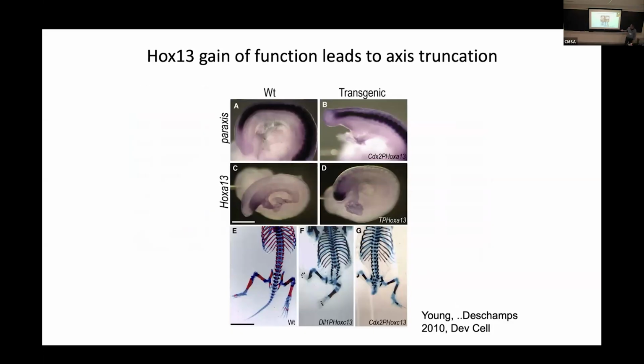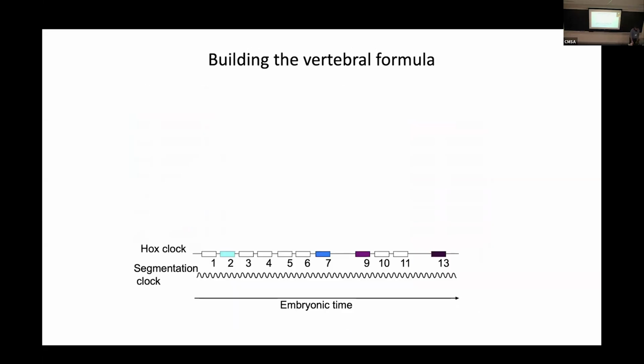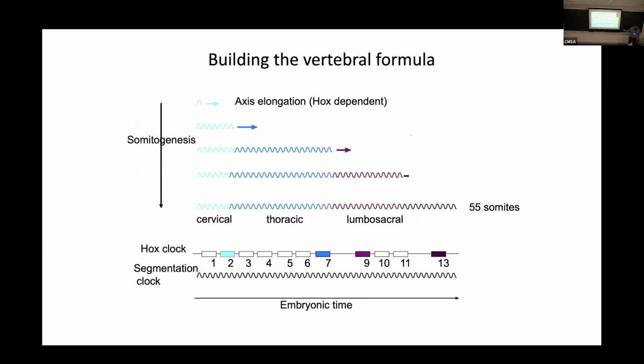It's been shown also that if you overexpress the terminal genes, what you do is you truncate the body axis. So sorry, I'm rushing on this, but I just want to show this because I think the important thing to remember is that what happens in development is you have a crosstalk between these two systems, the clock and the Hox timer.